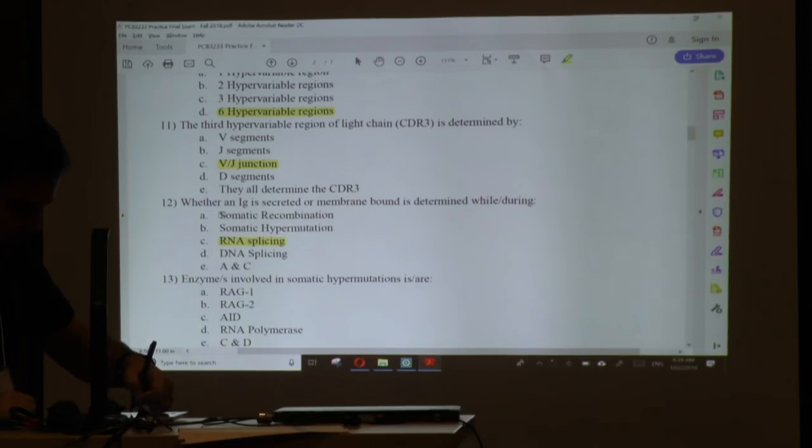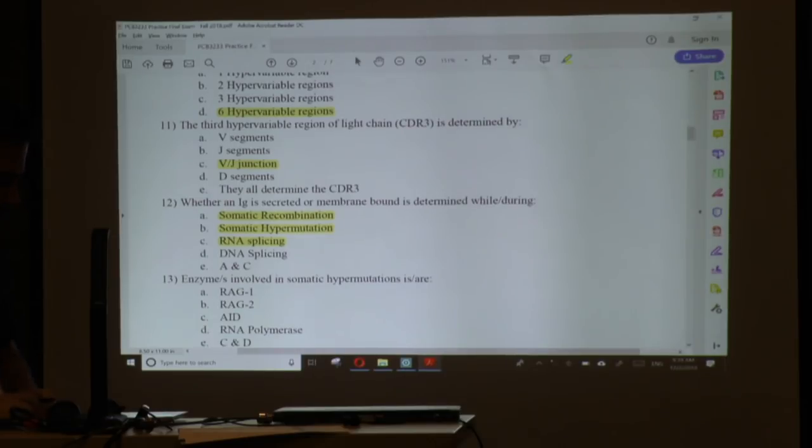I'll go ahead and change this on the answer key, because technically you can choose membrane bound and secreted at any time. So it can be during somatic recombination, and it can be during somatic hypermutation, just so you know.